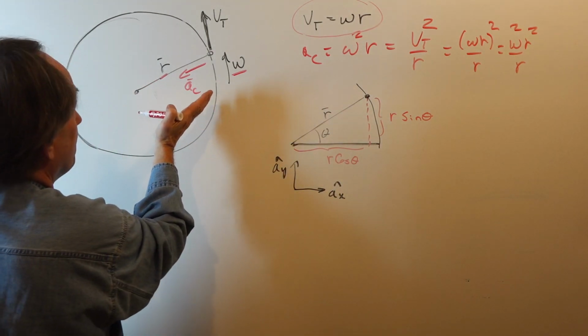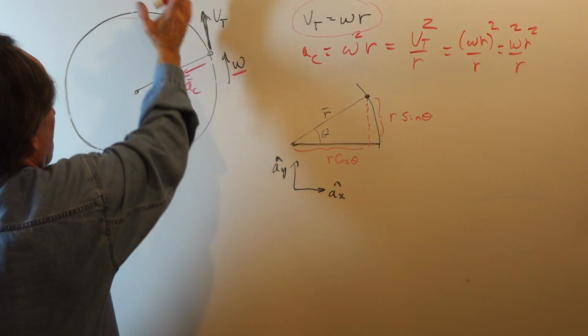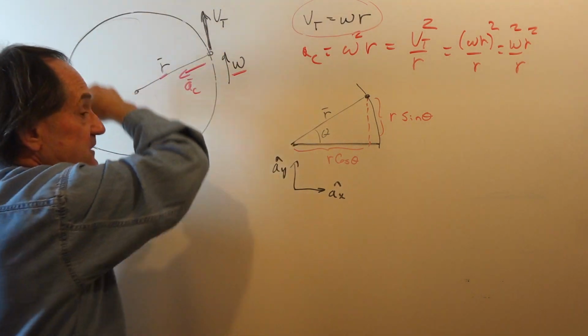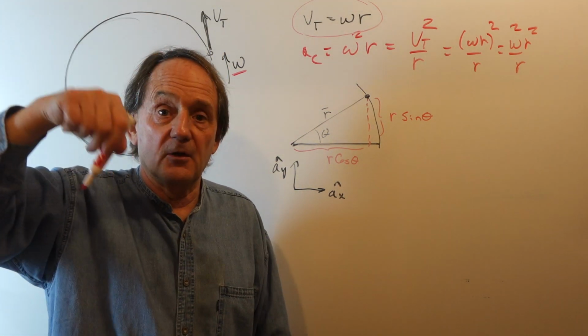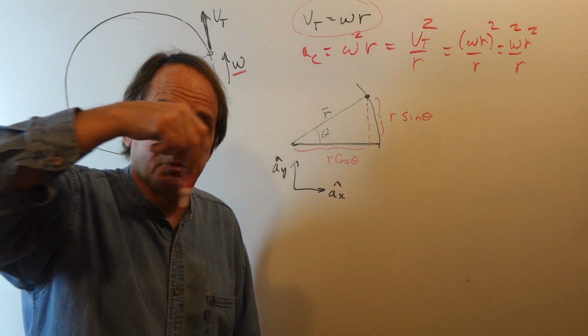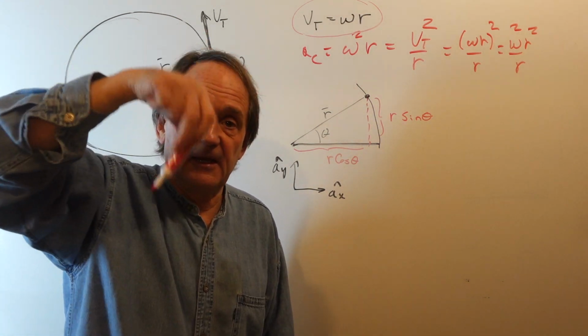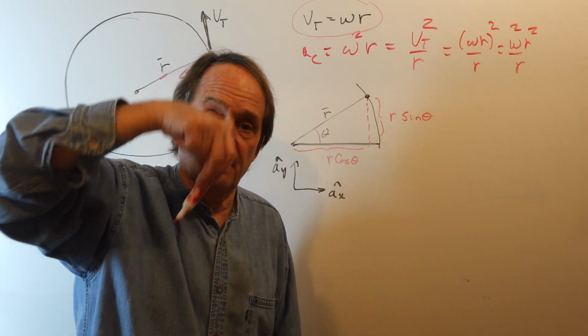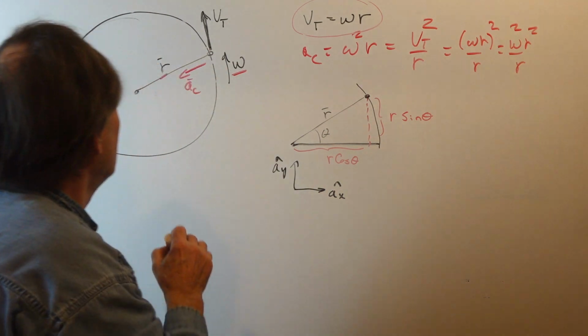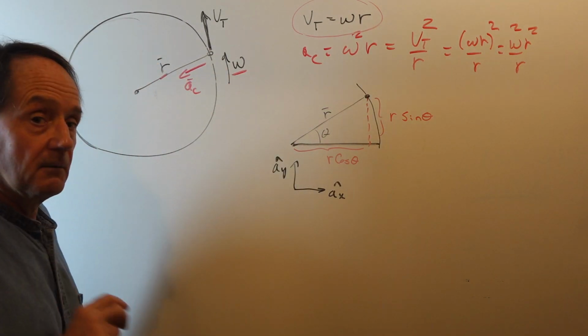So uniform circular motion means the angular velocity remains the same. It's like a record on an old turntable or a CD disc playing. It's always rotating at a constant angular velocity, or the same amount of revolutions per second. That's what we mean by omega being constant.